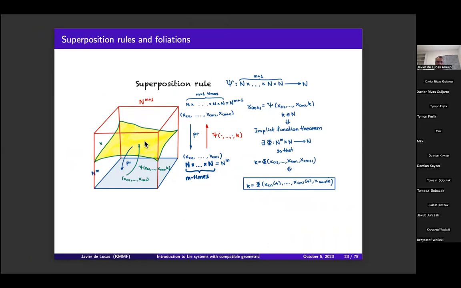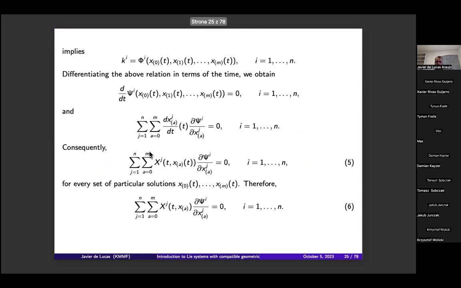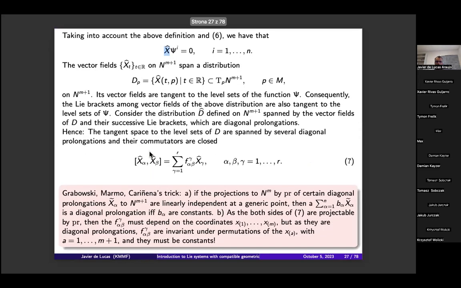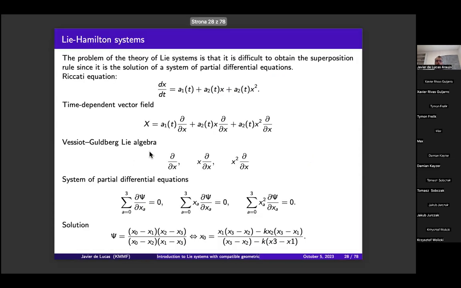Okay, so Cariñena, Grabowski, and Marmo proved that these vector fields are such that the projection of them onto this manifold must be linearly independent. If this is the case, this technical detail was not in the literature. They could prove quite well the superposition, the Lie theorem.